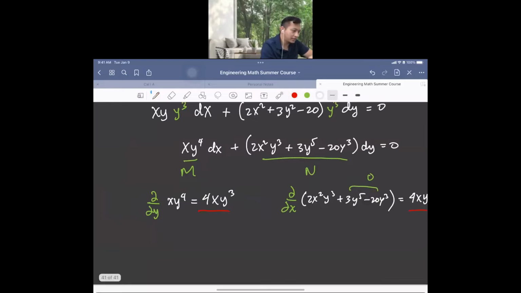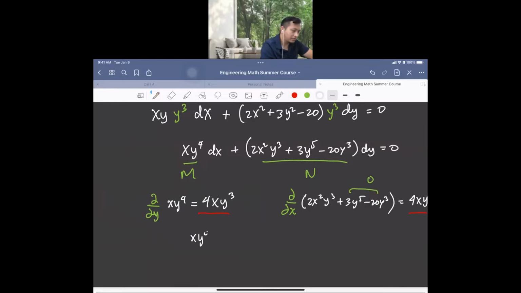For example, the x here, xy to the 4, we can take this as f of x, y. So take the integral with respect to x, and we take this as half x squared y to the 4 plus another function here.